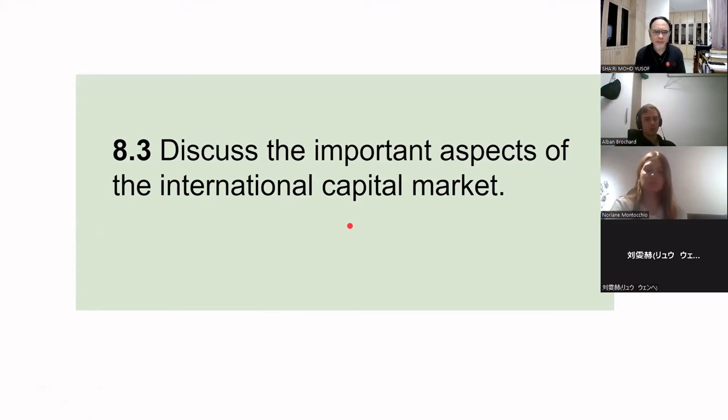The international capital market. The international bank does not only play an important role in the proper functioning of the foreign exchange market and the arbitrage transactions, but they also play a critical role in financing the operations of international businesses. They act as both commercial bankers and investment bankers.